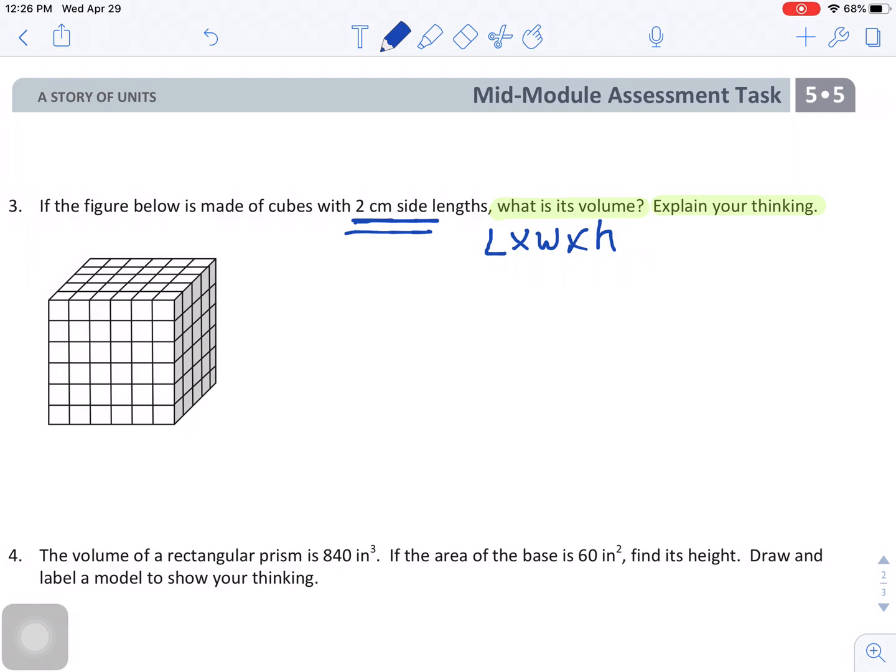Okay, so the next thing that we have to do is figure out, so if I'm explaining my thinking, I'm going to figure the dimensions.